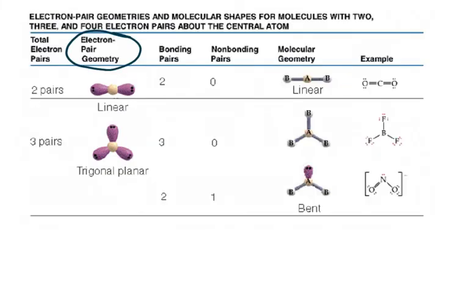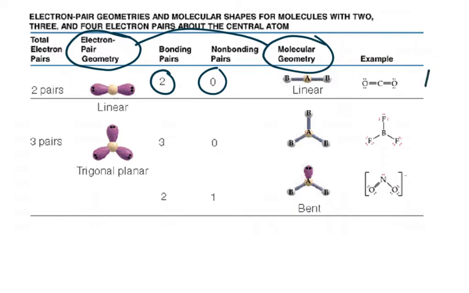So going back over here, in the linear structure I just drew, both were bonding pairs. There are no lone pairs. And the molecular geometry has the same name as the electron geometry. They're both called linear. And if you recall, the angle is 180 degrees. Carbon dioxide is an example of something linear.